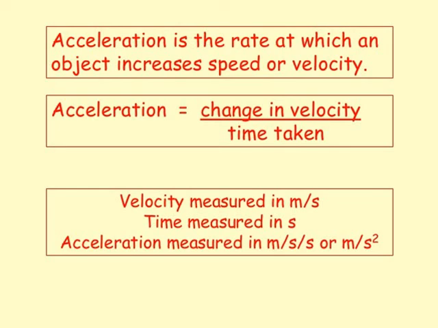In both cases, in broader terms, it is referred to as acceleration. So acceleration is change in velocity divided by time taken by a body. Velocity is measured in meters per second and time is measured in seconds. So acceleration is measured in meter per second per second, or we can simply say meter per second square.